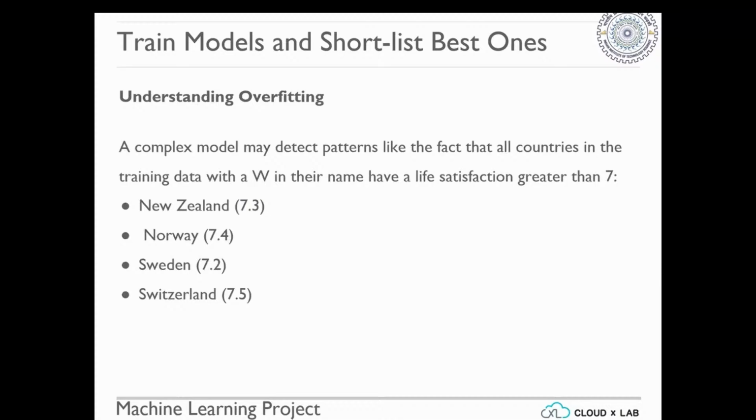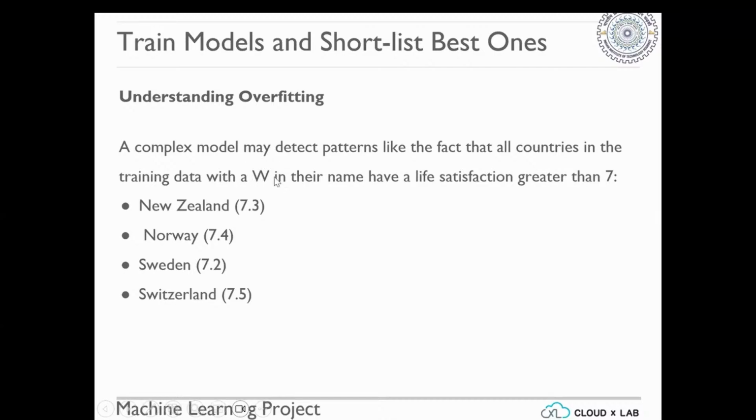Okay, so let's take another example. Let's say you are learning a highly complicated model, and that model may detect a pattern like the fact that all countries in the training data with a W in their name have a life satisfaction greater than 7, right? Now, if you want to predict the life satisfaction for any country, this particular pattern is not required.